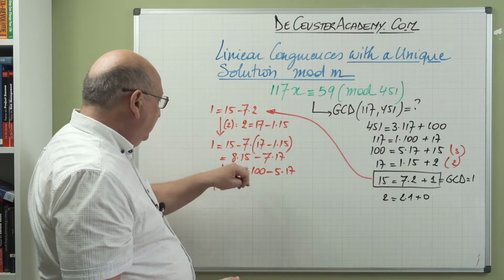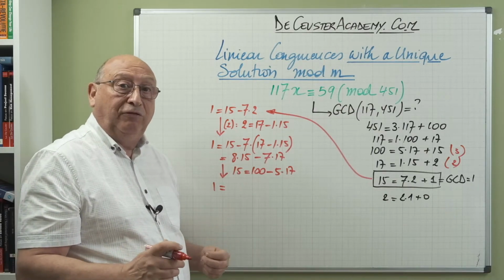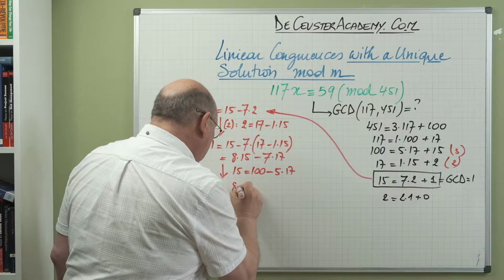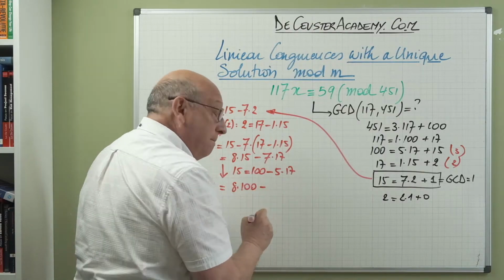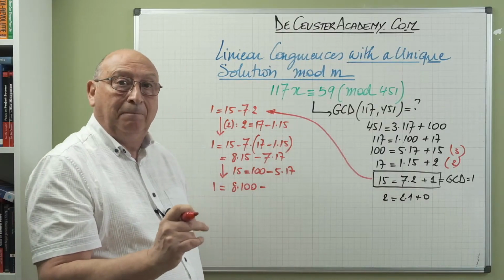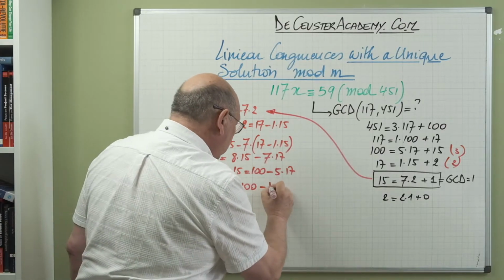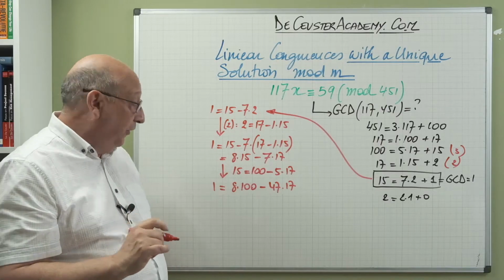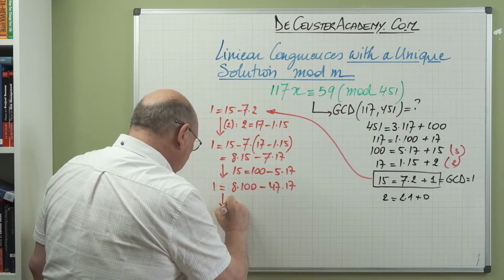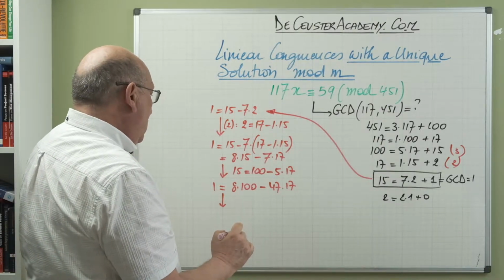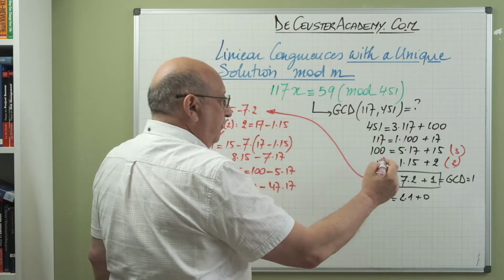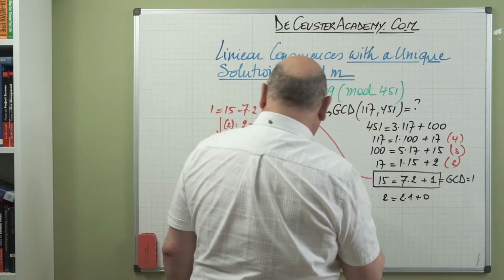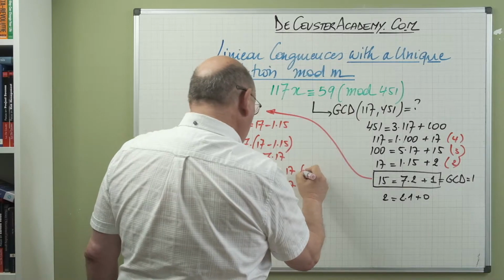So we put the 15 here, and what we find is 8 times 100 minus 47 times 17, and I'm peeking at the board in front of me, which gives me the solutions, of course. This was the third one.